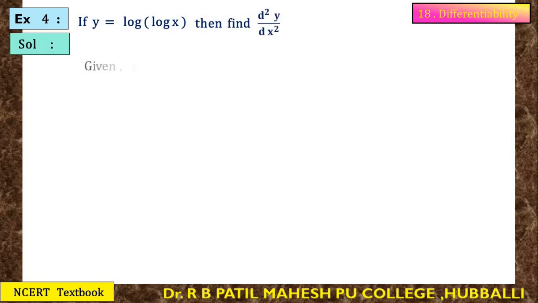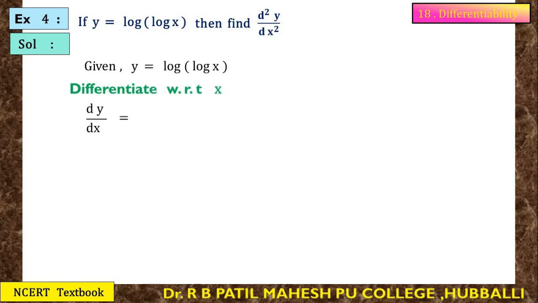Now see the next example. If y is equal to log of log x, then find d square y by dx square. First you write the given function y is equal to log of log x. Differentiate with respect to x. So it is a composite of logarithmic functions, log of log x. So first we write 1 upon log x into 1 upon x.